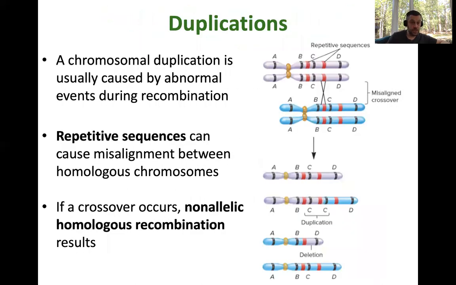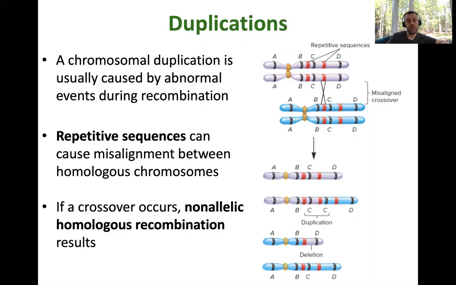So with deletions, you lose part of your DNA. With duplications, you actually end up duplicating part of a chromosome and somehow keeping it. It can happen by different mechanisms, but often it's caused by abnormal events during recombination. You know that recombination occurs as part of the mixing of DNA in meiosis 1.